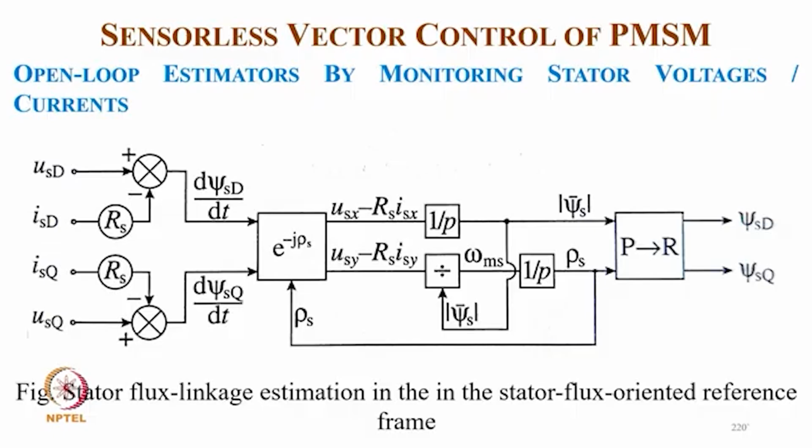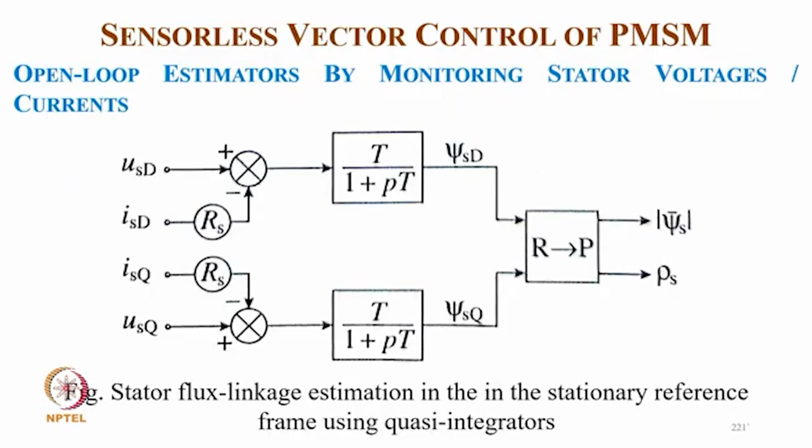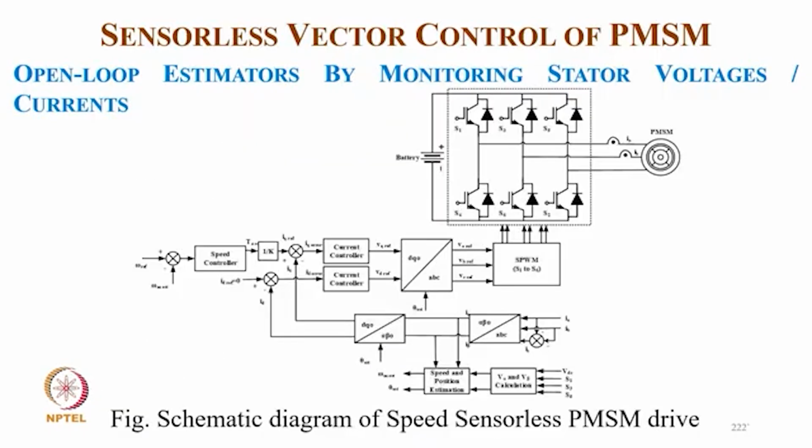Then taking the derivative we get omega S and psi S, then the angle, and from this output, by transformation, we get psi SD and psi SQ. Similarly for the open loop estimator, we again get the stationary reference frame voltage and current for the D and Q axis, and we get psi SD and psi SQ. From this we get the magnitude and angle of the flux using the integral. And this is the open loop estimator by monitoring the stator voltage.